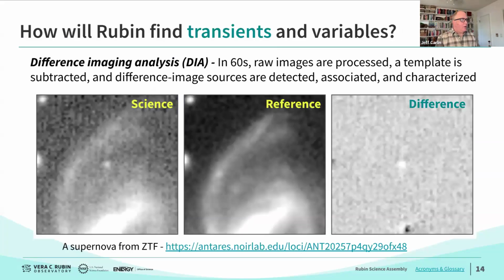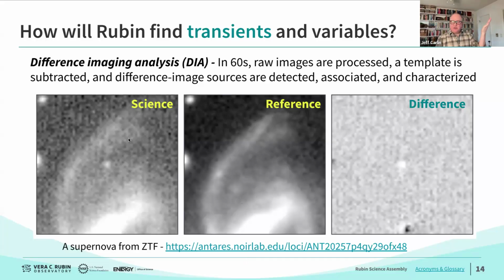So how will we find transients and variables with this data set? One key aspect of the survey is the difference imaging analysis. So you'll see this DIA abbreviation quite a bit. That's difference imaging analysis, meaning basically you have a reference image seen here in the center. So this is a template image that's been built up from a lot of high quality images in this field of the sky.